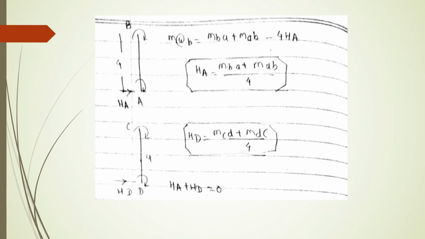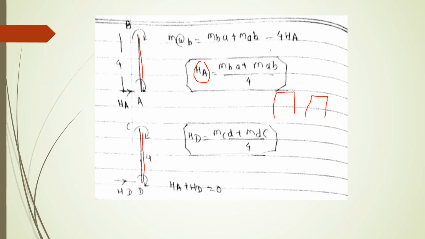Now it is required to find out the value of deflection also. So here we have drawn a free body diagram of both the spans AB and CD, and we assume these directions and try to find out the value of HA. As the frame is like this and it has an internal hinge, it may deflect like this.